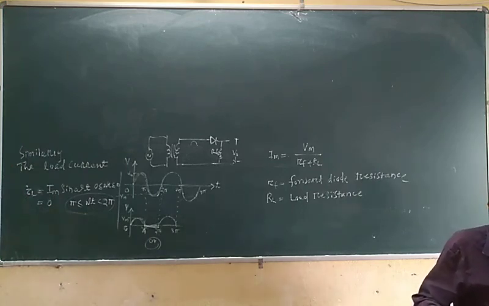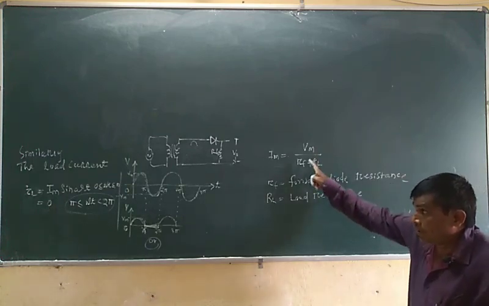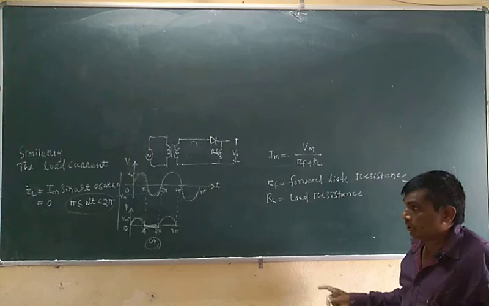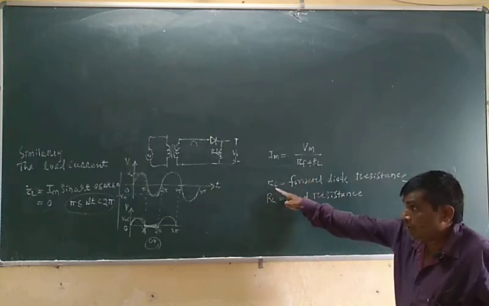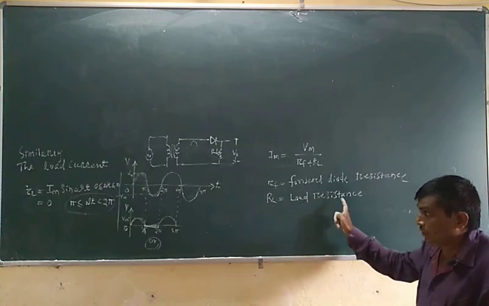This p-n junction shows some resistance, that is the forward resistance, when we apply the voltage in forward biasing. So we write Rf is the forward diode resistance, RL is the load resistance.